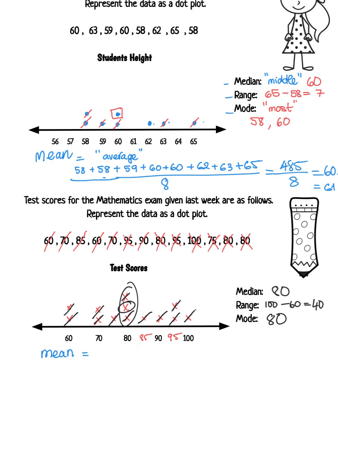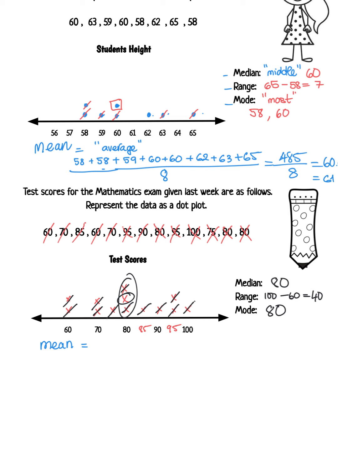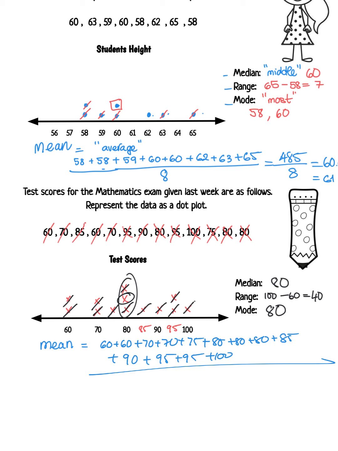Next one is to find the mean of the test scores. Again, I would add them up and divide by how many there are. So we have 260, 270, 175, 380, plus an 85, plus a 90, plus 295, plus 100, and then you can divide. 1, 2, 3, 4, 5, 6, 7, 8, 9, 10, 11, 12, 13.